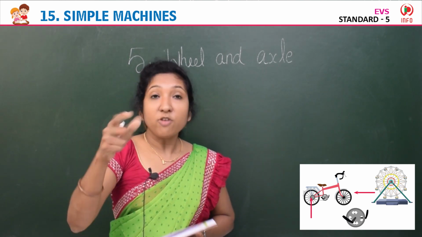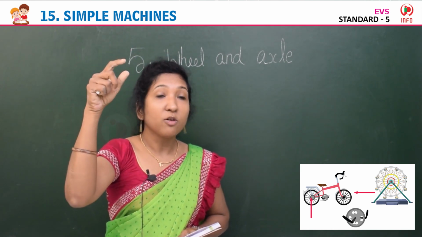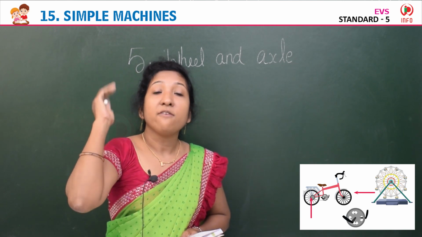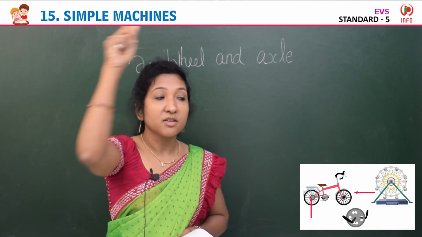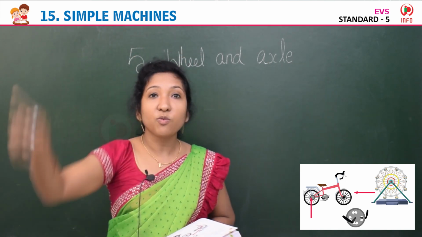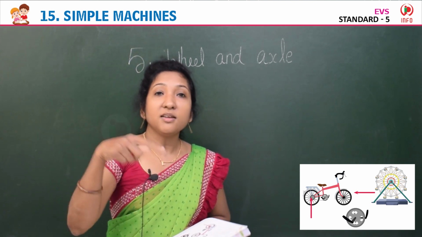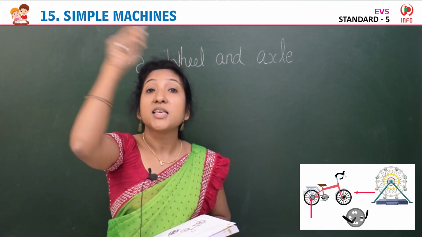Have you ever seen this? Yes, you have, because you go to exhibition halls where we have so many water rides, land rides, the giant wheel. See how it rotates. It's a big wheel, isn't it? This principle is behind the working of that giant wheel.